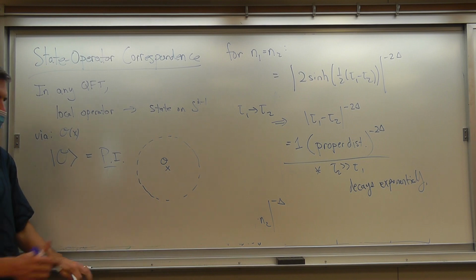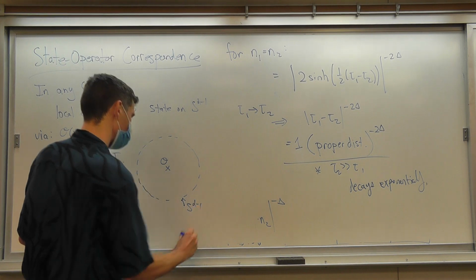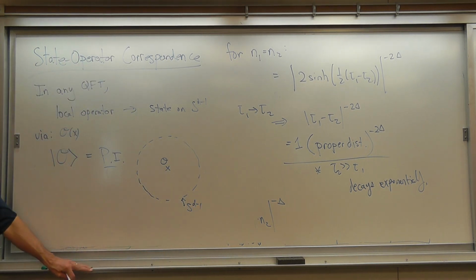Okay, so this is a ball. Its boundary is S^(d-1). And recall that the path integral defines a quantum state on S^(d-1). So this is a quantum state. You can do this in any quantum field theory.